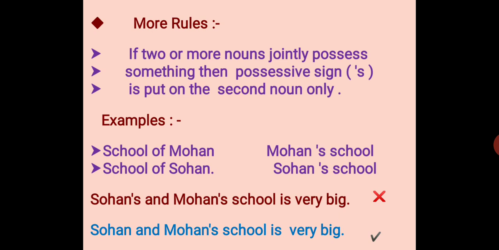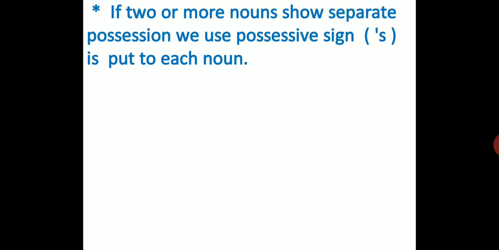Let's move on. The next rule is, if two or more nouns show separate possession, we put the possessive sign apostrophe s on each noun.